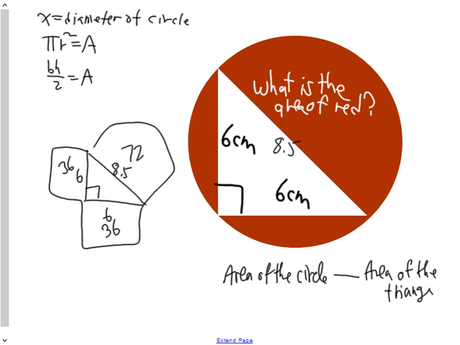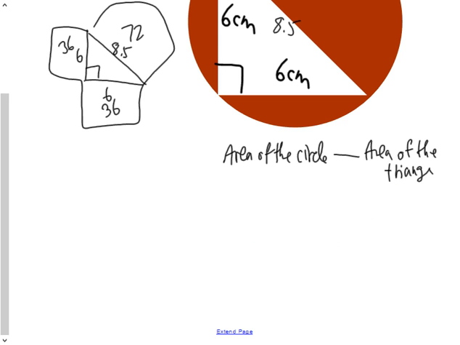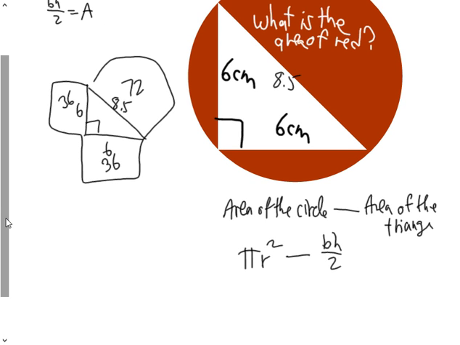I would get the area of the red that remains, correct? The area of the full red circle, take away the white triangle, equals the area of the red that remains. So a formula that will work, therefore, will be pi r squared, which is the area of the circle, take away base times height divided by 2. Think about that for a second. If that works, the area of the circle, take away the area of the triangle, should be what remains in red.